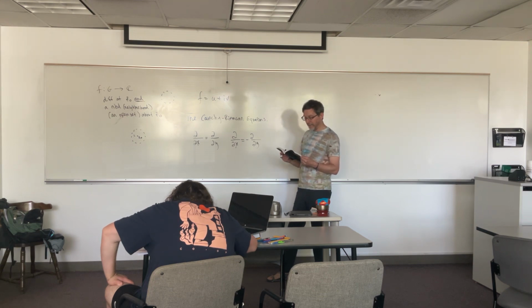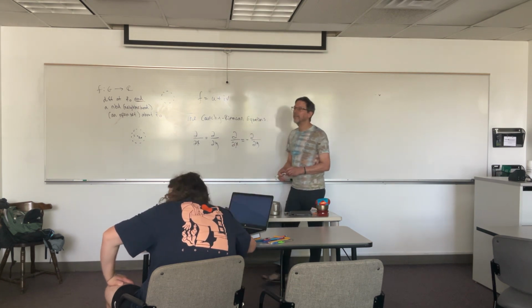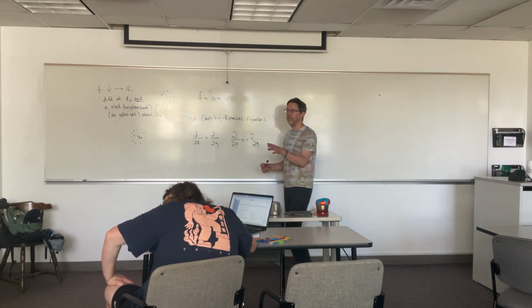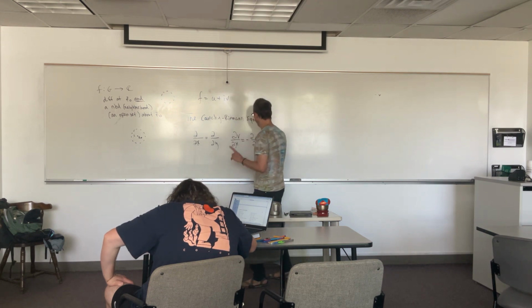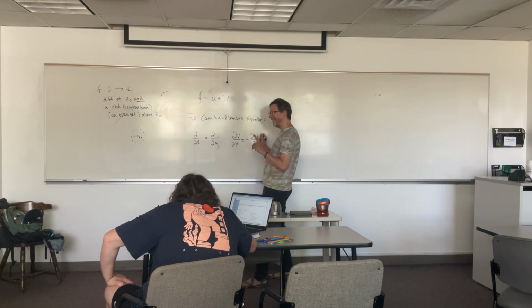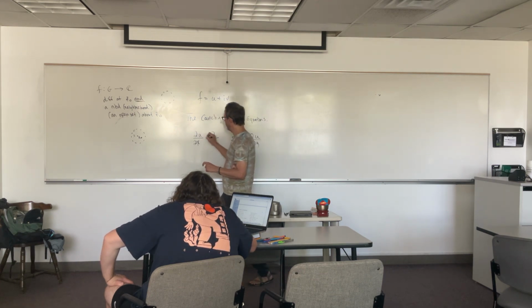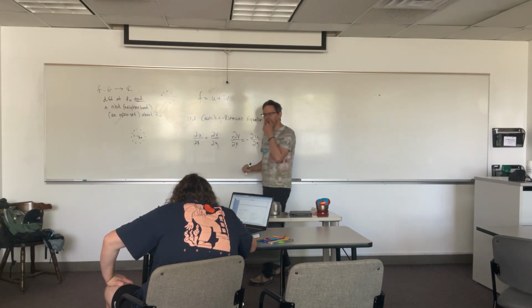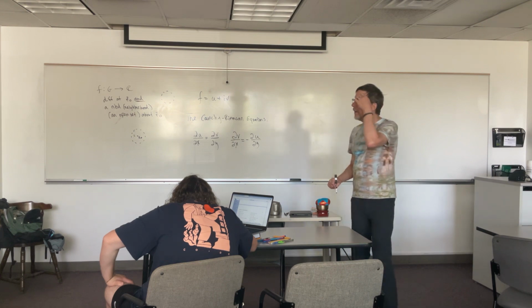So what were these equations? V with x is equal to the negative u with y, and the first one, u with x equals v with y.